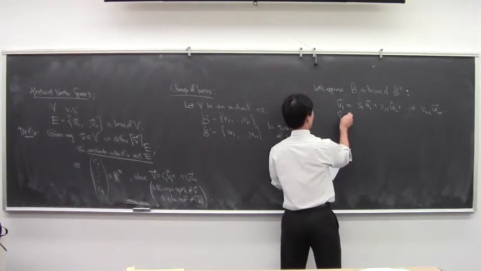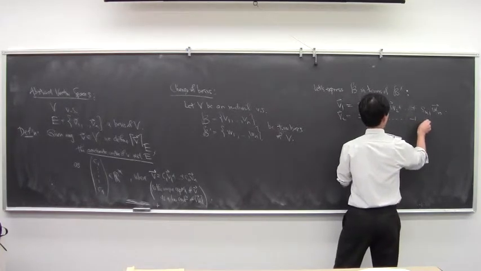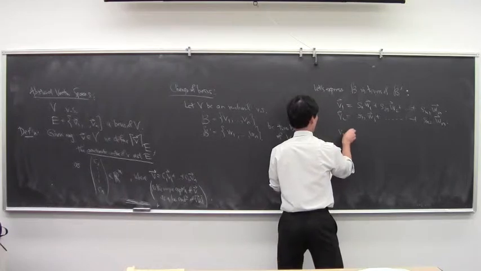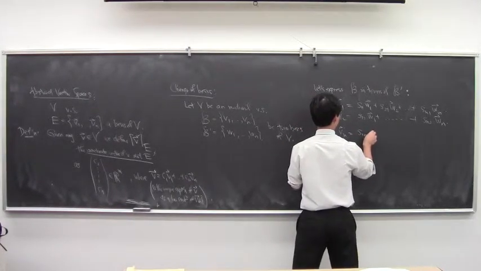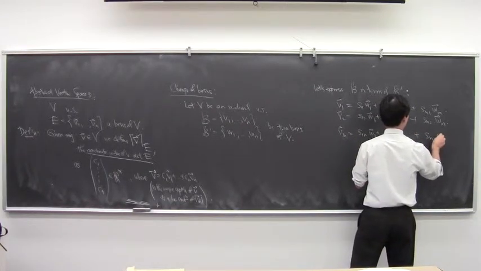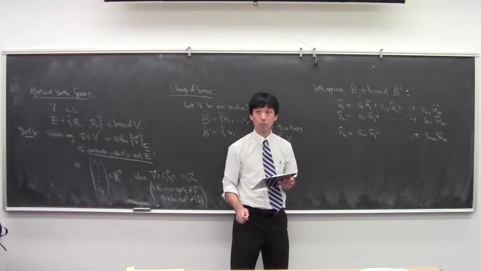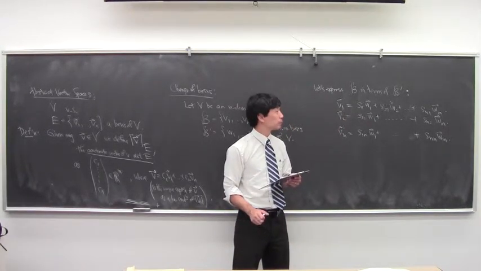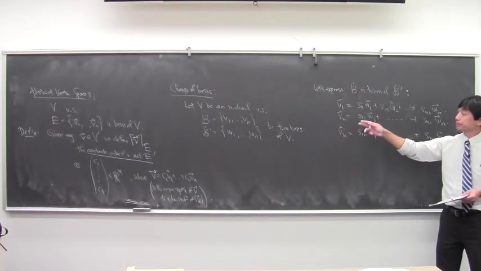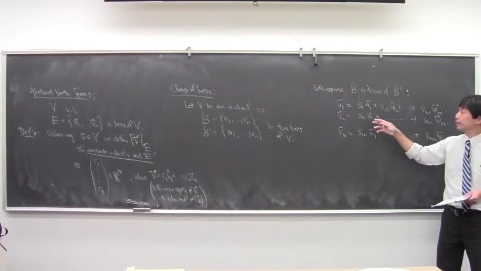That V2 is some constant times W1 plus through some constant times Wn. That Vn is some constant times W1, and so on. The Vi and the Wi are both bases.